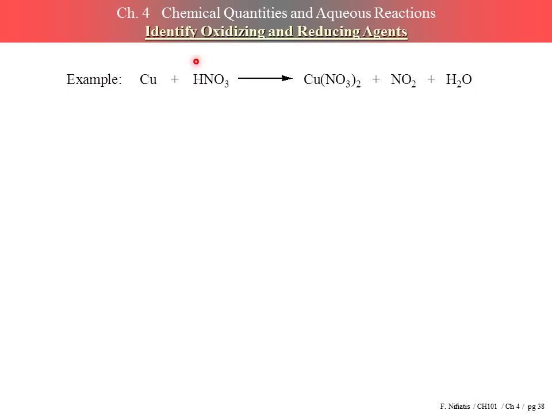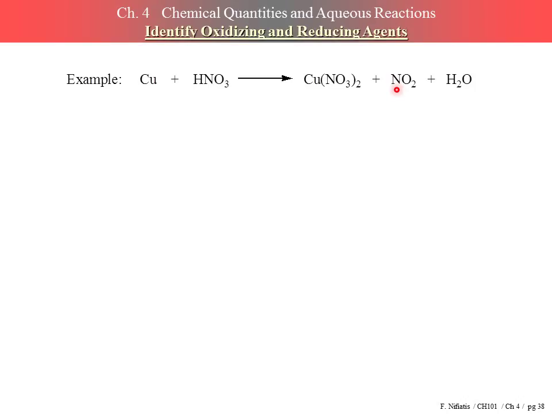So the oxidation number for the hydrogen here is +1. I will skip nitrogen. The oxidation number of the oxygen is -2. The oxidation number of the copper is the same as the charge, 2+. The oxidation number of the oxygen here is -2.